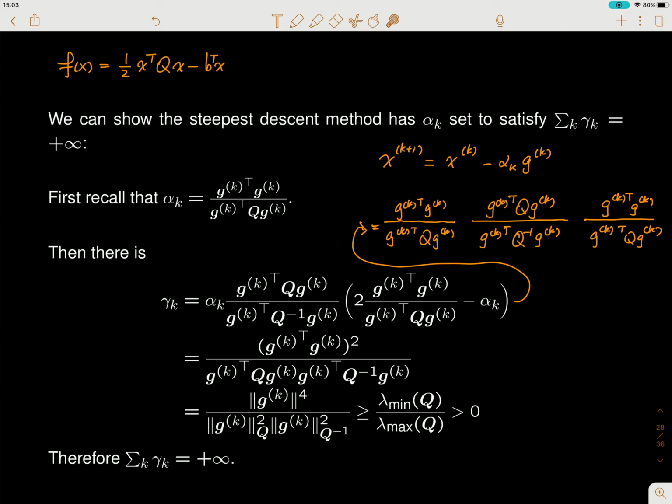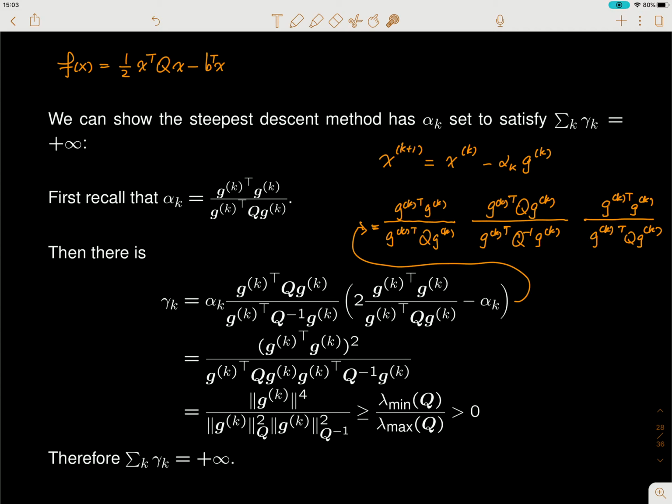Okay, so now I know that my gamma k is greater than or equal to this quantity. Now you see these two cancel, and there will be nothing dependent on k anymore. So we'll just have the alpha, which I copy here. I have the minimum eigenvalue, and also the 1 over the maximum eigenvalue of Q inverse.